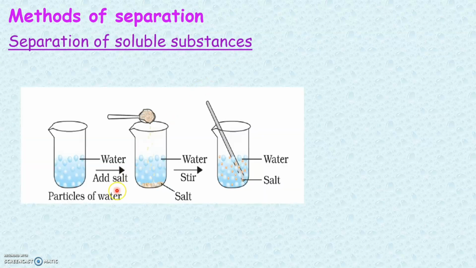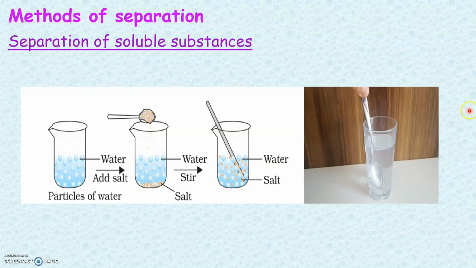As you see here in the picture, when we add salt into water and when we stir it well, it is observed that salt gets mixed with water well, or in other words, salt dissolves in water completely. That is, as solute, that is salt, is added to the solvent water, it dissolves completely to give us salt solution. So here what we have finally obtained is salt solution.